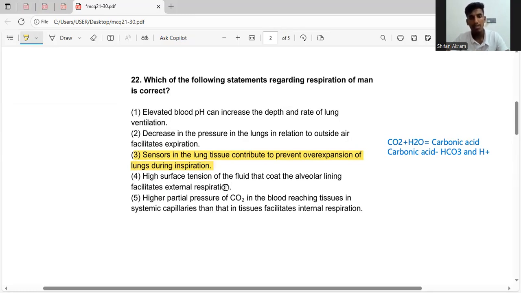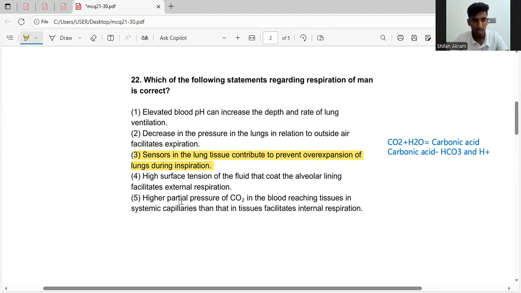So this fluid helps the smooth diffusion of oxygen from the alveoli into the blood and the diffusion of carbon dioxide from the blood to the alveoli. So it doesn't facilitate external respiration, it facilitates gas exchange. So that is the wrong answer again.